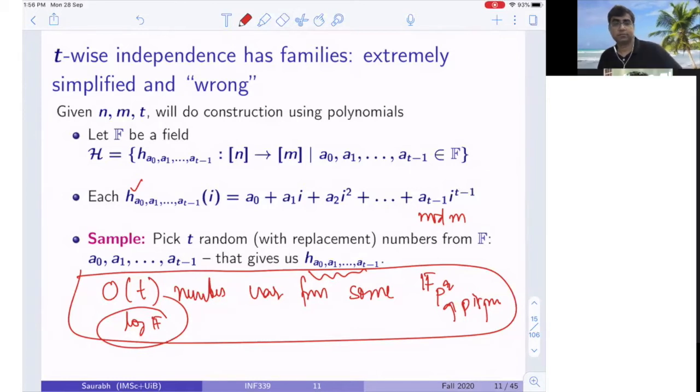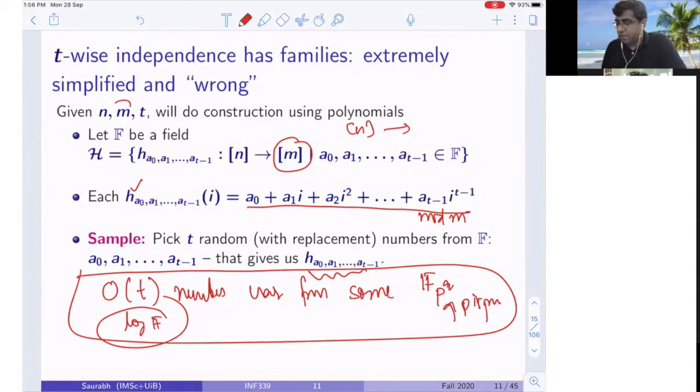Sakit, what is wrong about this? Because I cannot construct these objects for every m, right? This range m. Just this construction alone is not good enough. You have to take some modular arithmetic so that the range works out. So basically, first you choose something which is a prime.